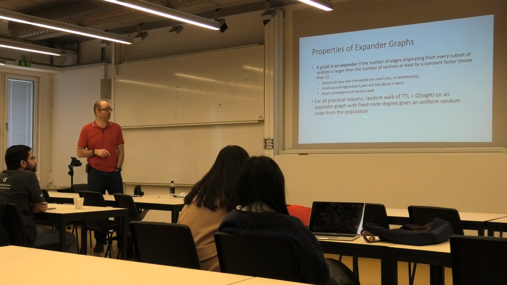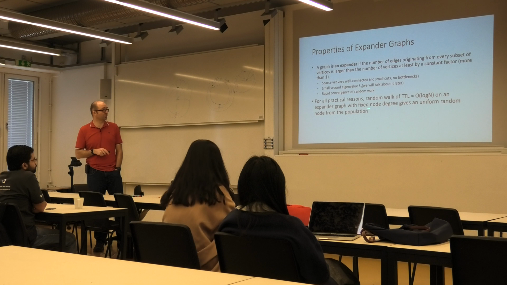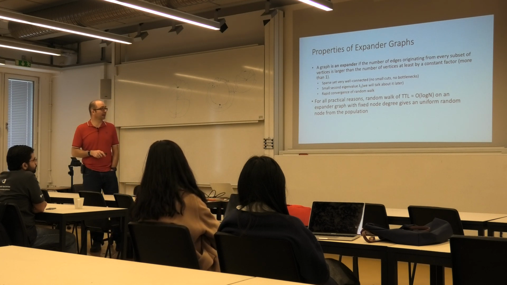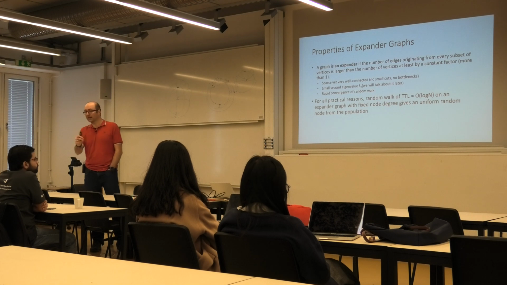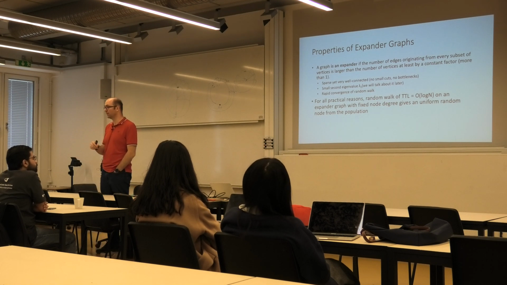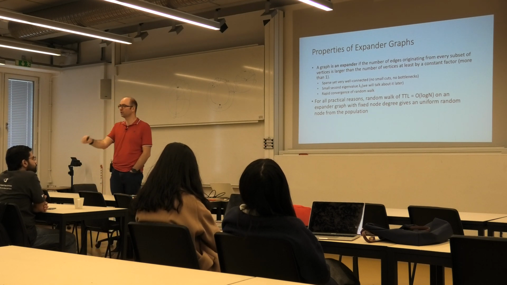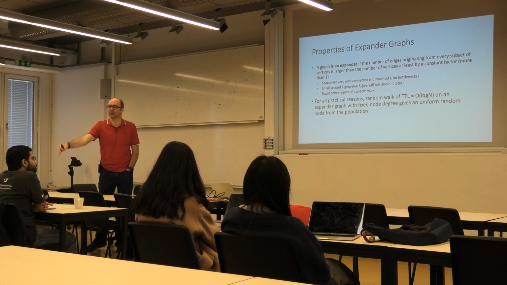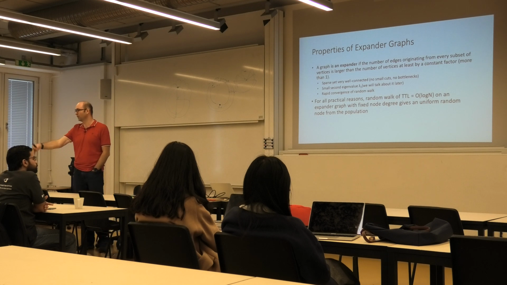Another thing we could use in practice is that for expander graphs with more or less fixed node degree, say like peer-to-peer networks, a random walk of very short TTL, say only of log n, would give a uniform random sample from the whole population, meaning that you'd be able to go to whichever node you like with equal probability, meaning that your random walk converged in a very small number of steps.